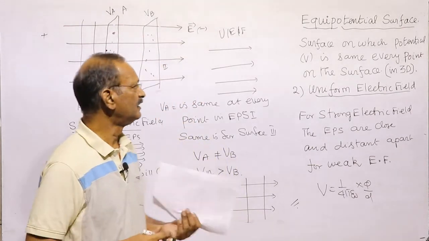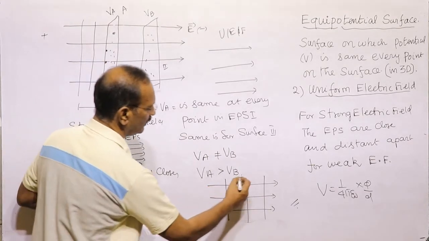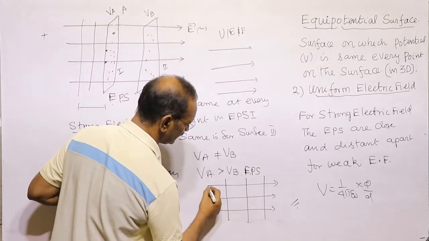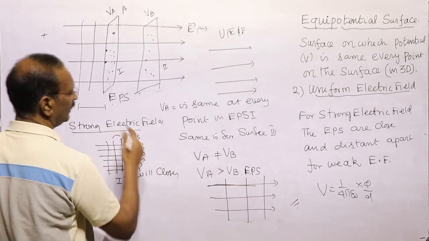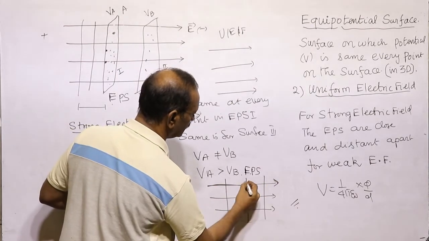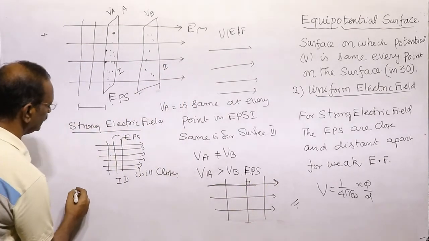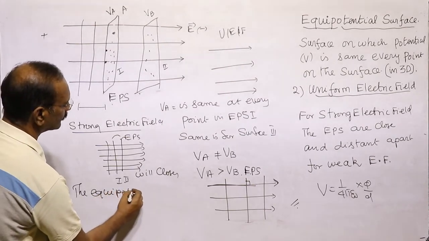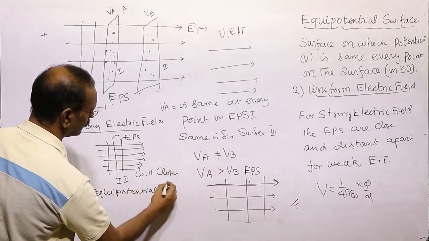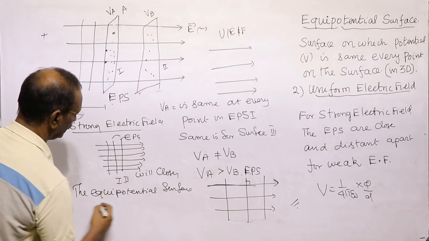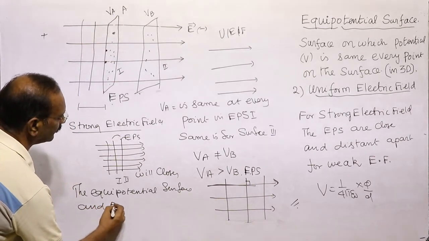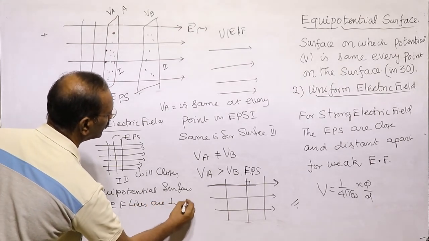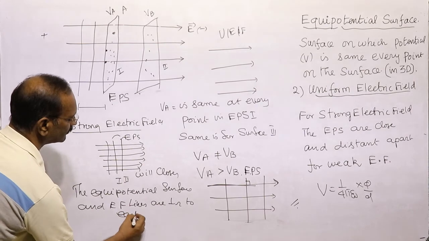And first thing you have to remember is this one. This is the equipotential surface. This is the electric field, and because it's a positive charge, the electric field will be moving this way, and they are at 90 degrees. So we have to note this point: the equipotential surface and electric field lines are perpendicular to each other.